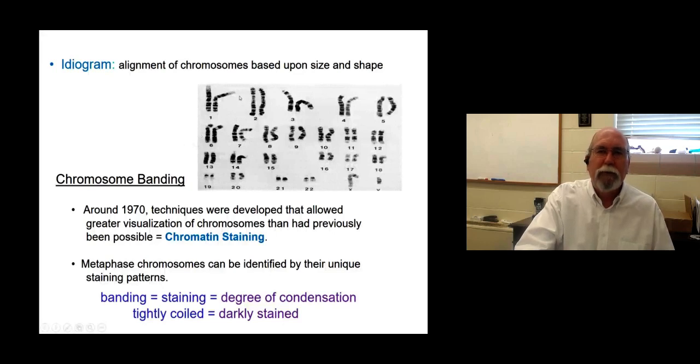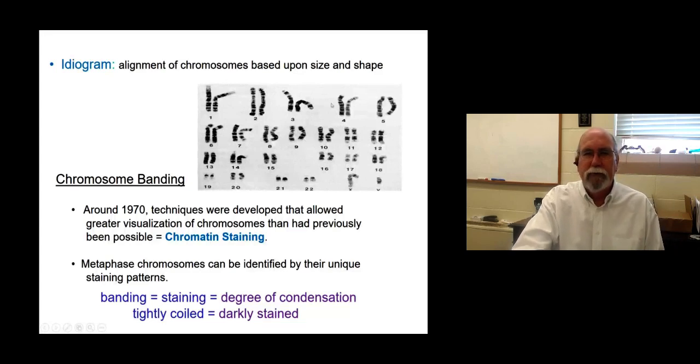So in a broad sense, when they started doing these experiments and looking at them, they noticed that there are really two kinds of areas: light staining areas and dark staining areas. Some chromosomes have a lot of light and not much dark. Some have a lot of dark and only a little bit of light. It just varies across chromosomes, and it varies across species and all sorts of things.